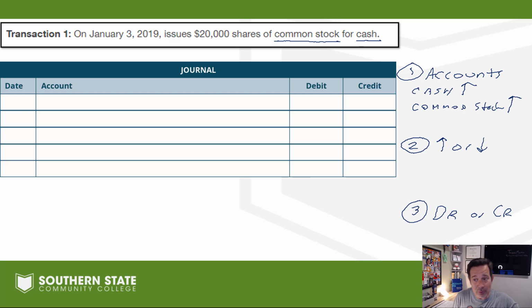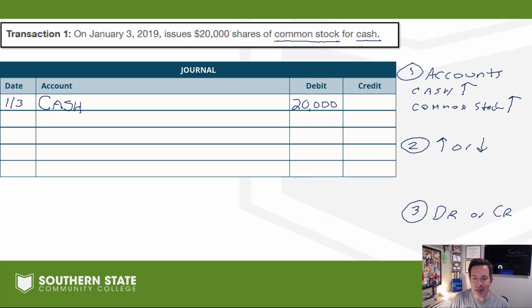So here we go. That's where we're going to refer back to your little sheet there where we've got them all listed out. January 3rd is our date. Our cash account is going to be debited here because debits make asset accounts go up. Write out cash. We're talking 20,000.